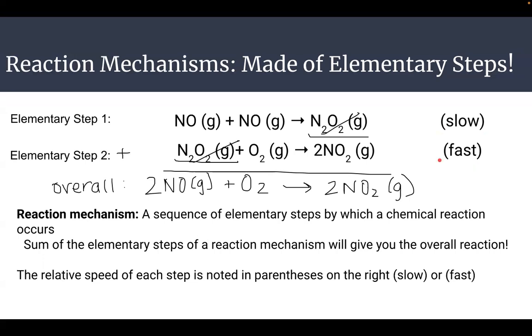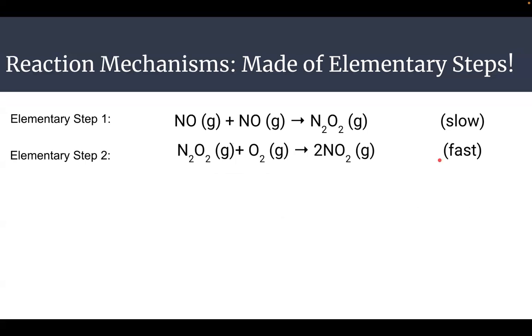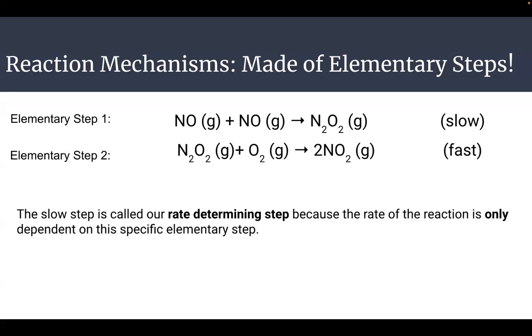Here, elementary step number 1 is noted as slow. The slowest step is called our rate determining step, and this is because the rate of the reaction is only dependent on this specific elementary step.